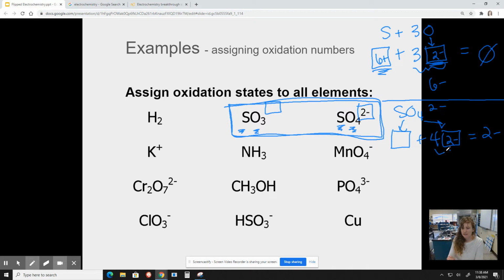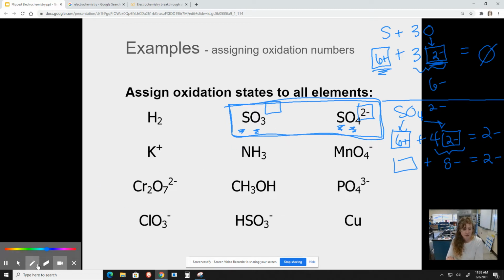That's a 2 minus, giving me an 8 minus charge overall. Now, what does sulfur have to be in order for the whole thing to add up to a 2 minus? It has to be a 6 plus. So sulfur in this case will have a 6 plus oxidation state. Each oxygen in this ion will have an oxidation state of 2 minus.